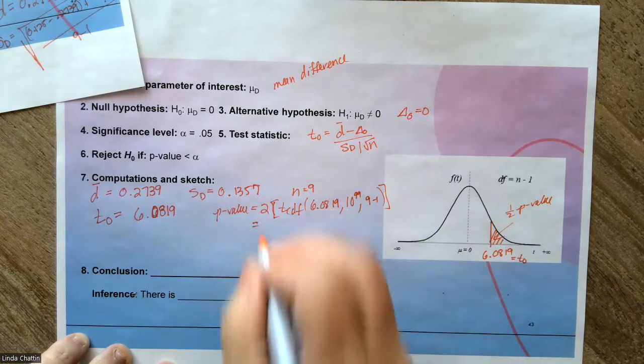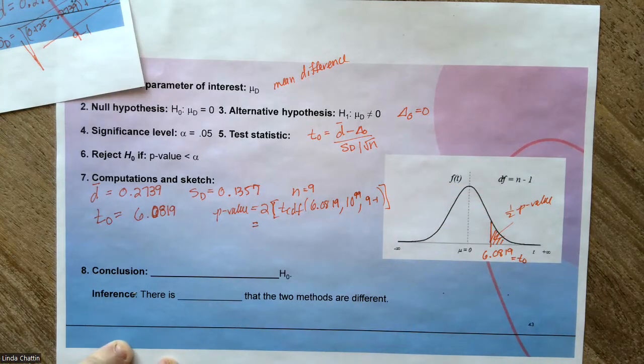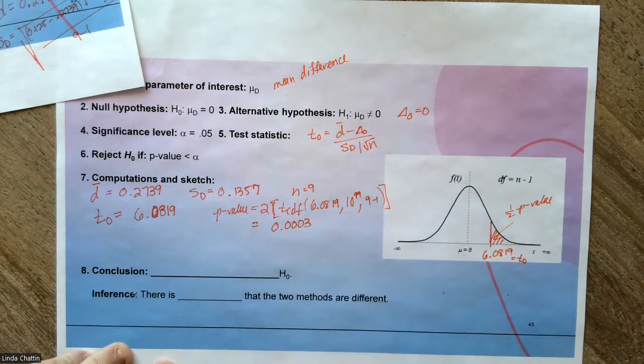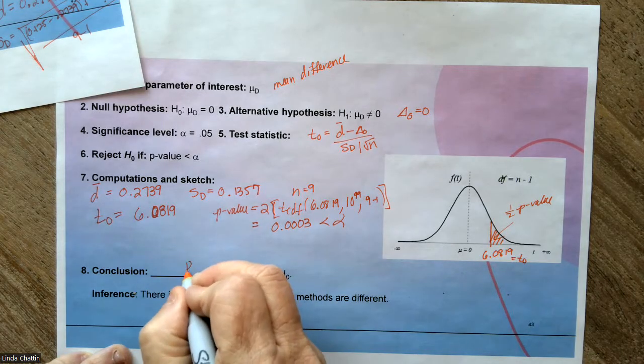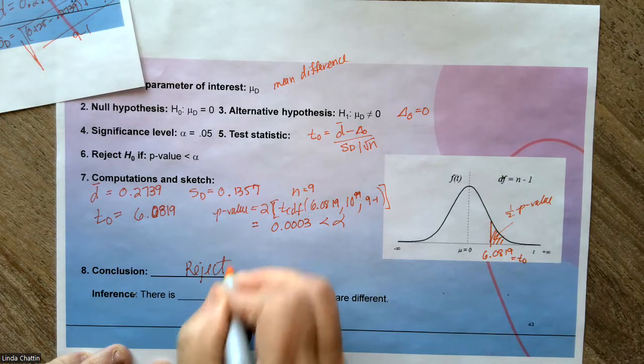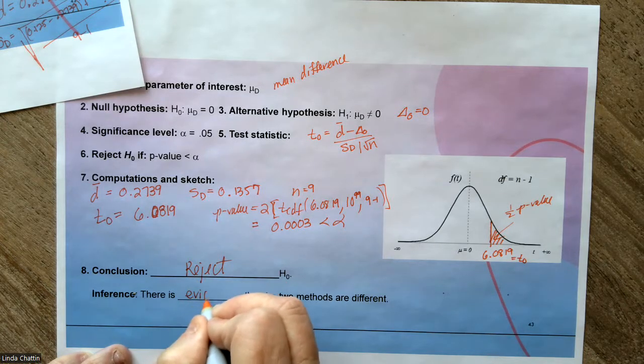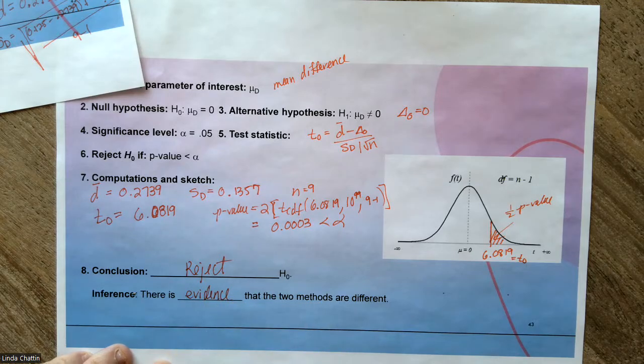And you're going to find that the p-value then ends up being, to 4 decimal places, 0.0003, which is much smaller than the alpha of 0.05. So we are going to reject H naught, and my inference is going to be that there is evidence that the two methods are different.